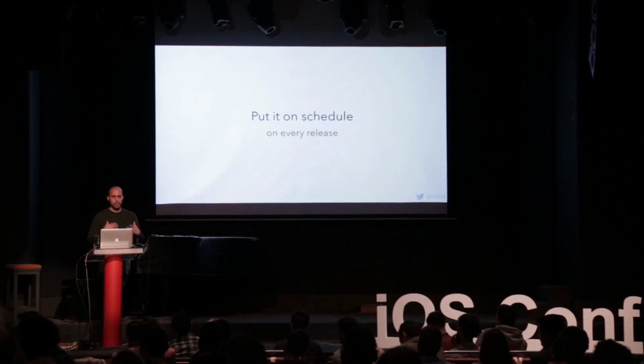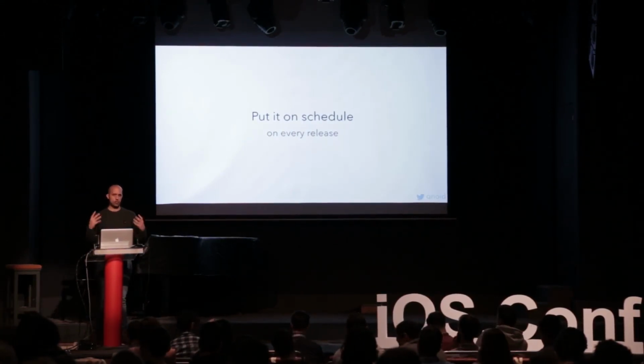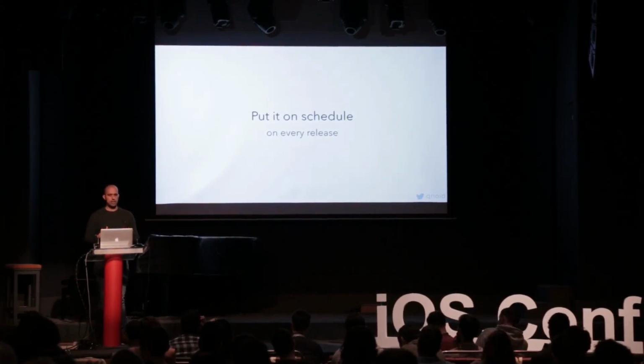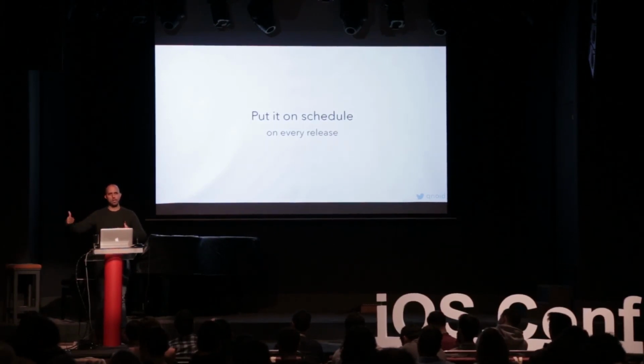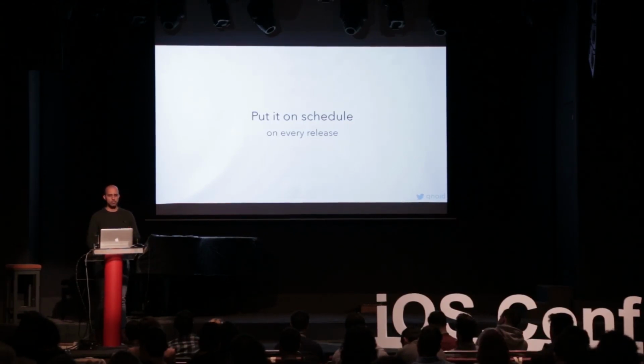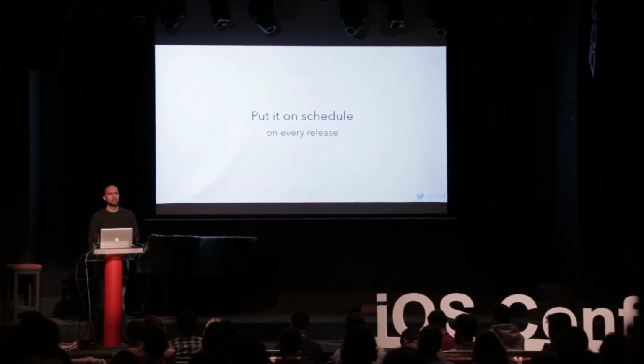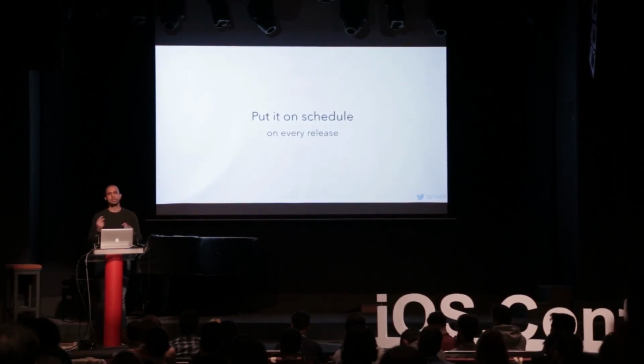And finally, it may sound like a lot to grasp right now, and it is a lot to grasp, but once you get the hang of it, it's very easy to have it on a schedule and to have it as part of your development workflow and as part of your release schedule. Like for me, it takes now, I don't know, half an hour, maybe an hour for the first pass to just have a reference, and then it's like that.